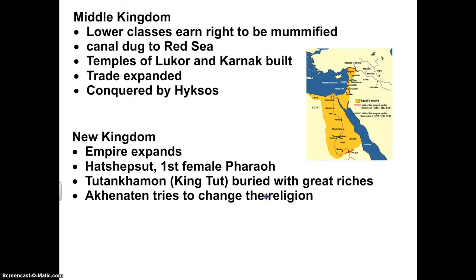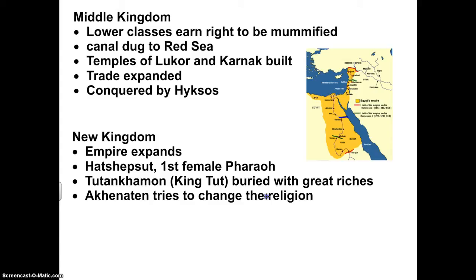Middle Kingdom. They started spreading the idea of mummification to the lower classes. Before, it was only something for the wealthy and the nobility. They dug a canal to the Red Sea, so they connected the Nile somewhere along in here to the Red Sea, so that you could now have traffic down the Nile and into the Red and expand your territory.